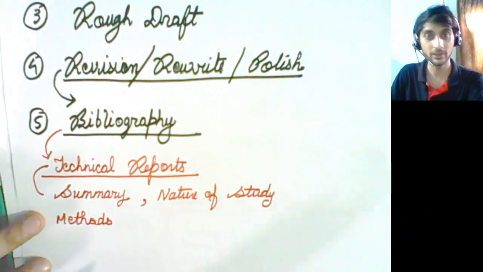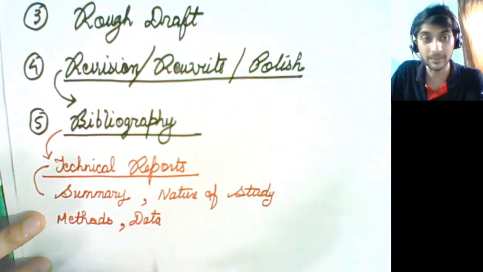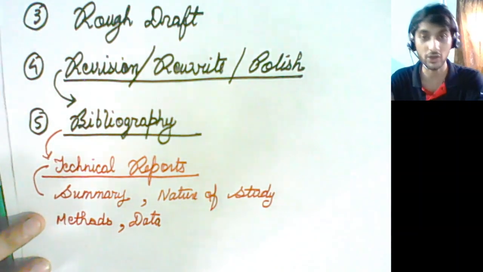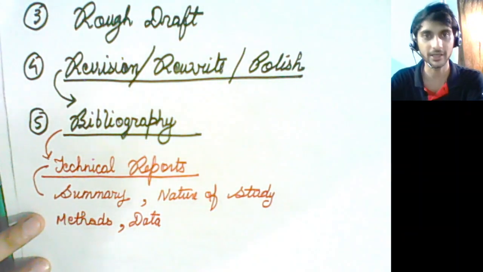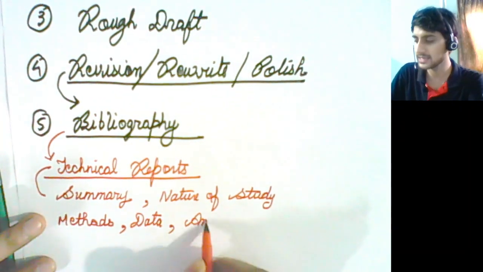Then also you should report methods. How have you done your experiment? You should definitely include well interpreted data so that others can also check, cross check and validate your interpretations from the data. You should also include analysis and interpretation.